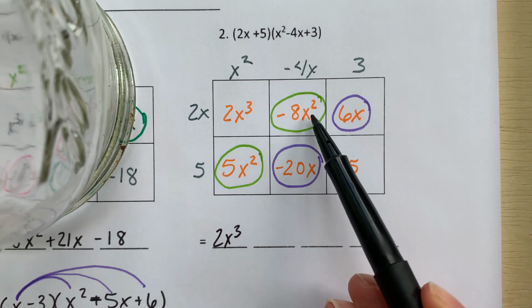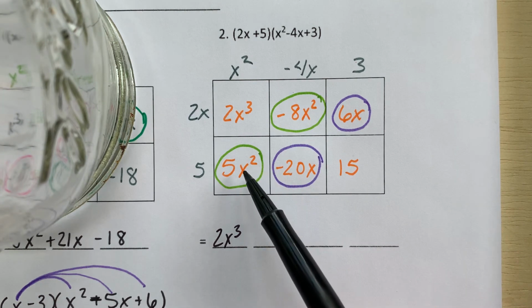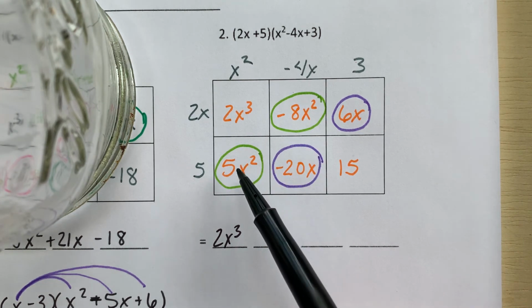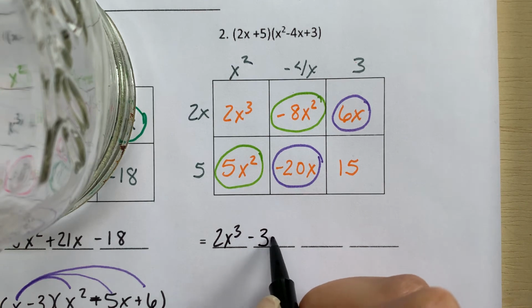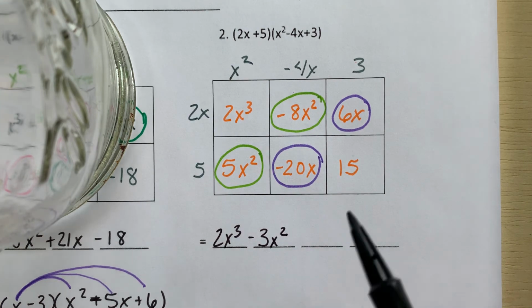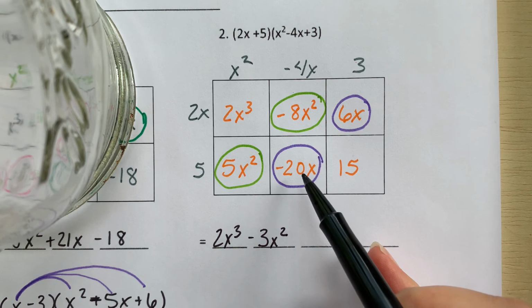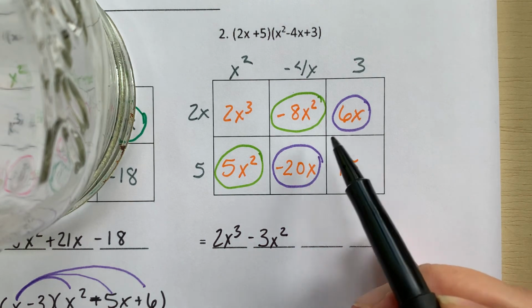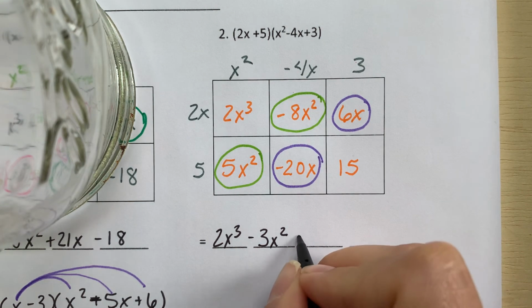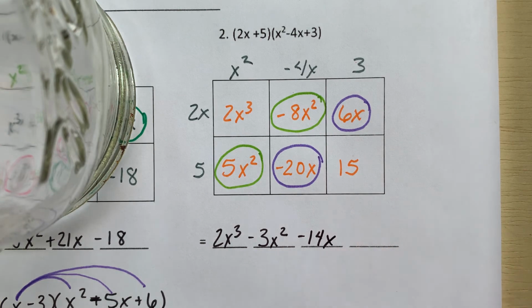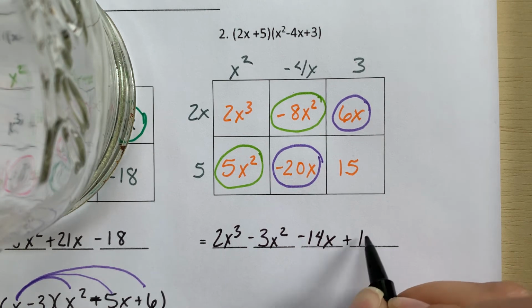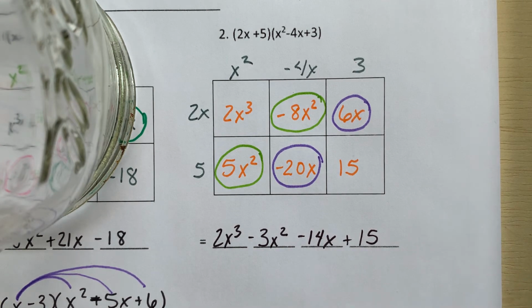I have a negative 8x squared and a positive 5x squared. Negative 8 plus 5 is a negative 3x squared. I have a positive 6x and a negative 20x. 6 minus 20 is a negative 14x. And then I just have a 15 by itself.